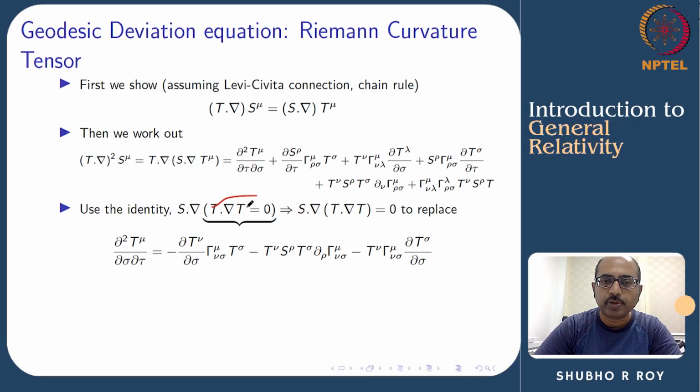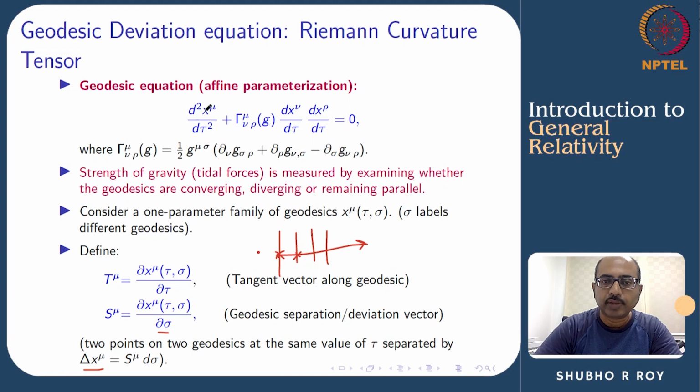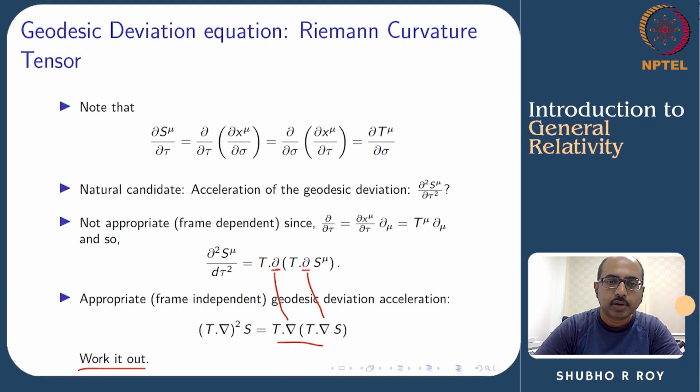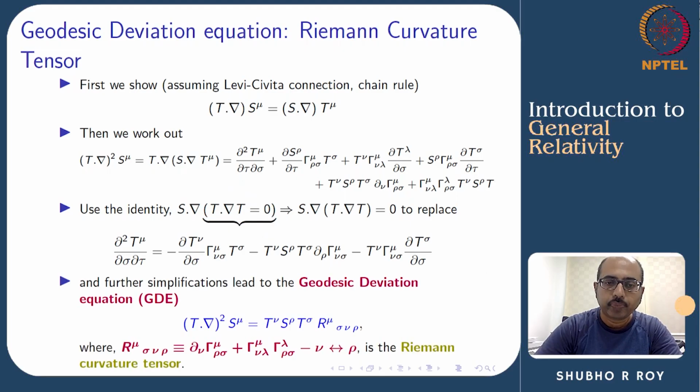Most of you remember the geodesic equation in the form in which all the coordinates are displayed, but there is a cuter form, which we write as T dot del T equals 0. That is the geodesic equation, and because it's 0, I can take S dot del of both sides and replace some of the terms here. This is a long expression. Some of the terms can be replaced using identities, for example, the geodesic equation. And you do further simplifications, all of which you can find in the notes or in the references.